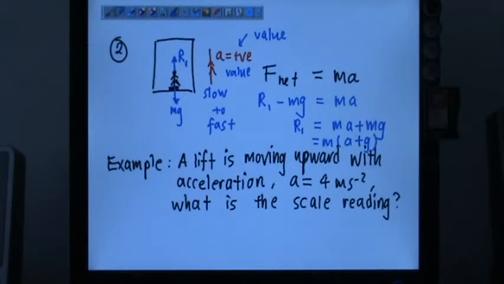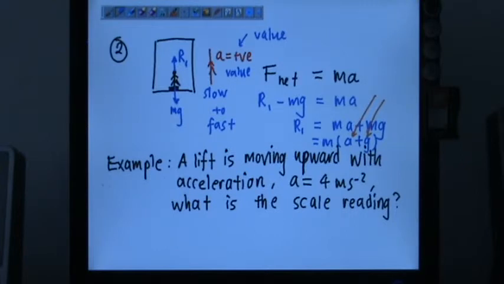Do you realize that by putting a together with g, your scale reading actually increased? Because g is 10, let's say a is 5, so 15 times your mass 70. 15 times 70 equals 1050 Newton.